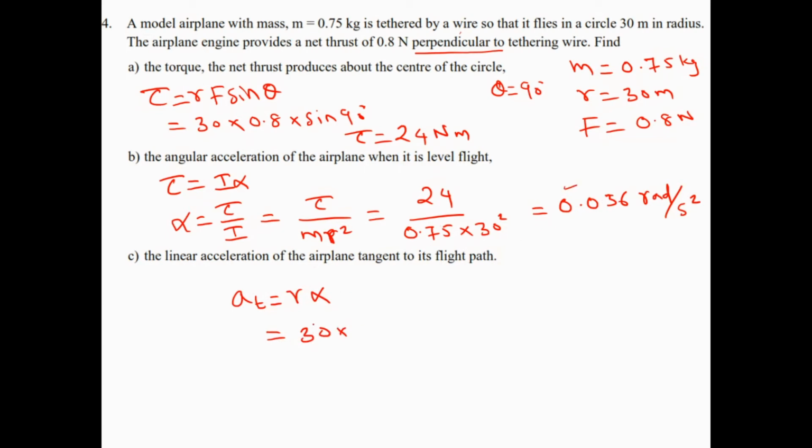For alpha I'm going to take the answer from the second part, 0.036. So 30 multiplied by 0.036, we got the value of 1.08, and the unit is meter per second square. Clear?